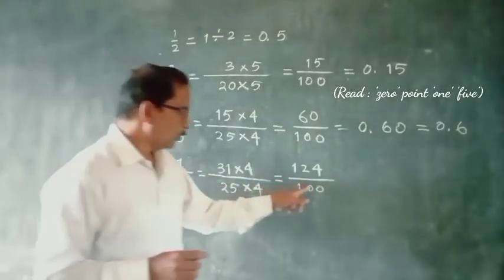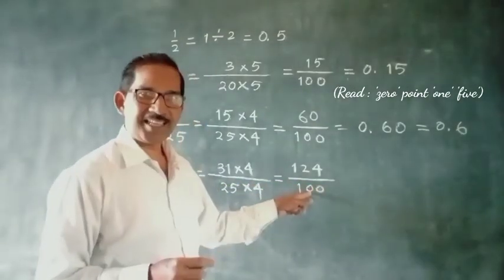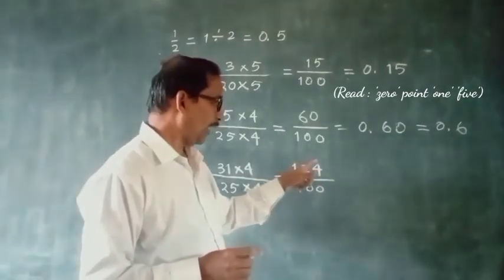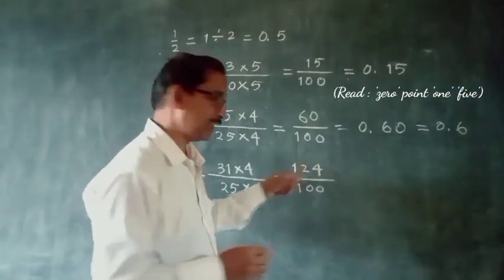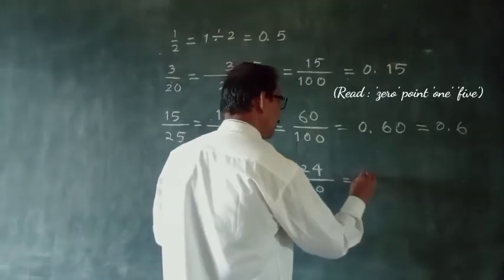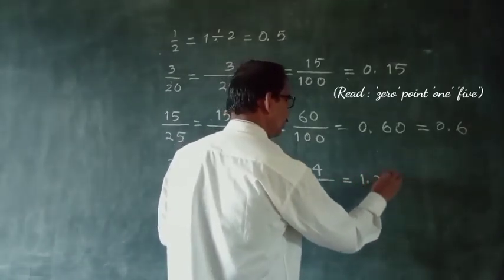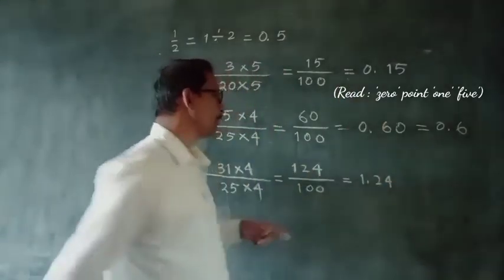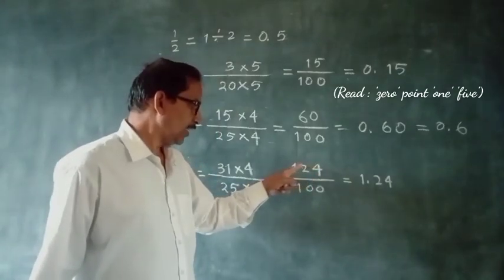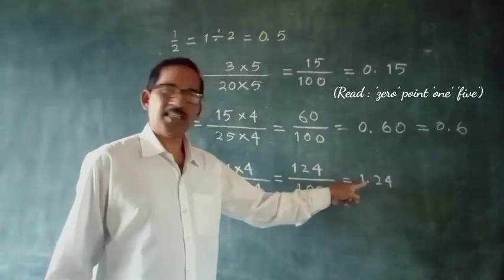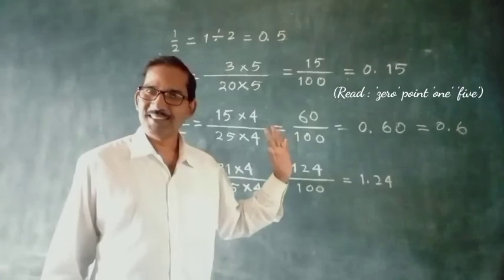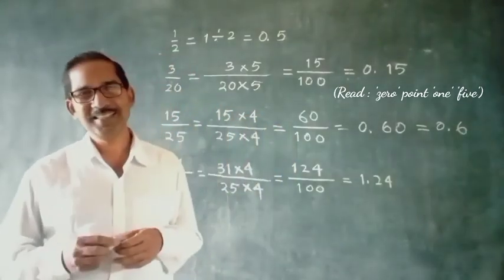Clear? Two zeros are there, that is why you have to put the decimal point after two digits from the right. So here it will be 1.24.